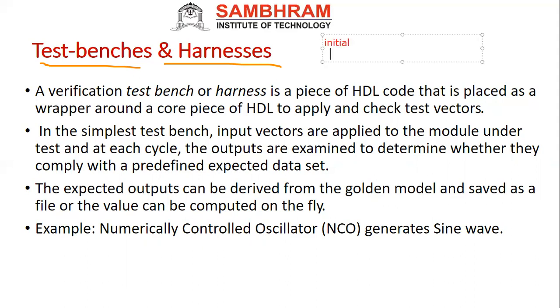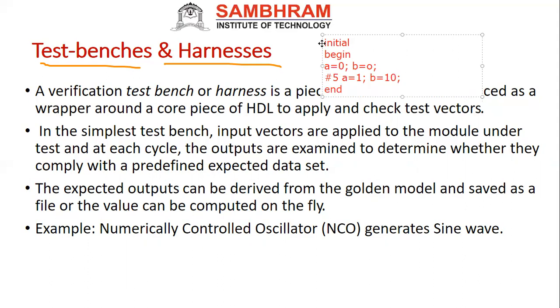Initial begin, A is equal to 0, B equal to 0, then #5, A is equal to 1, B is equal to 10. Like this you might have given. But instead of this, I can generate the values also. How can we generate them? Very simple, we can generate them in the test bench.